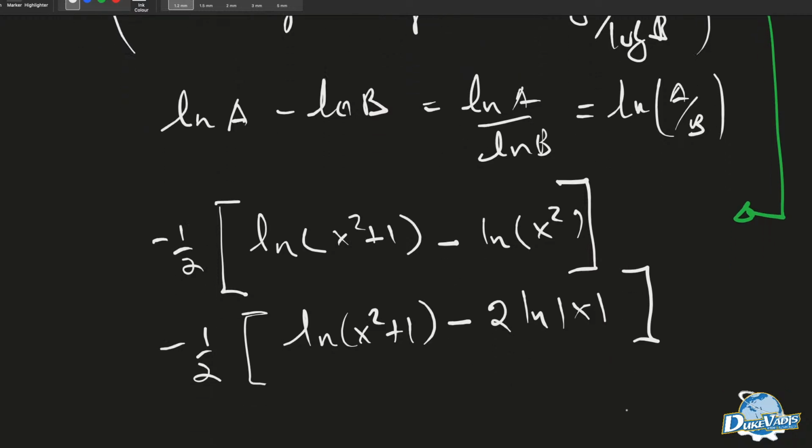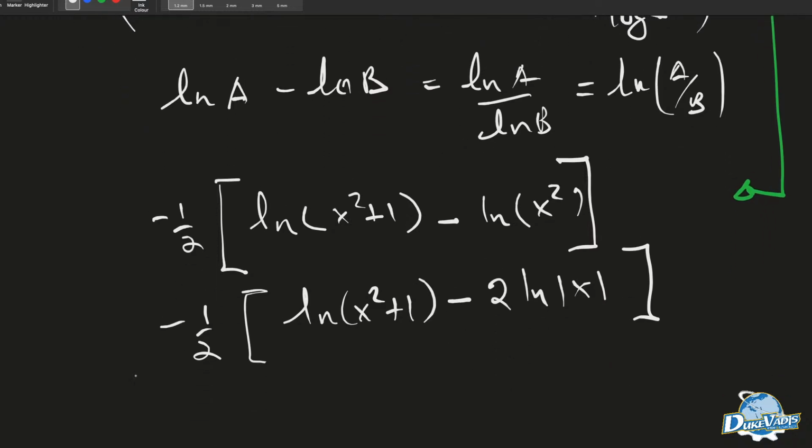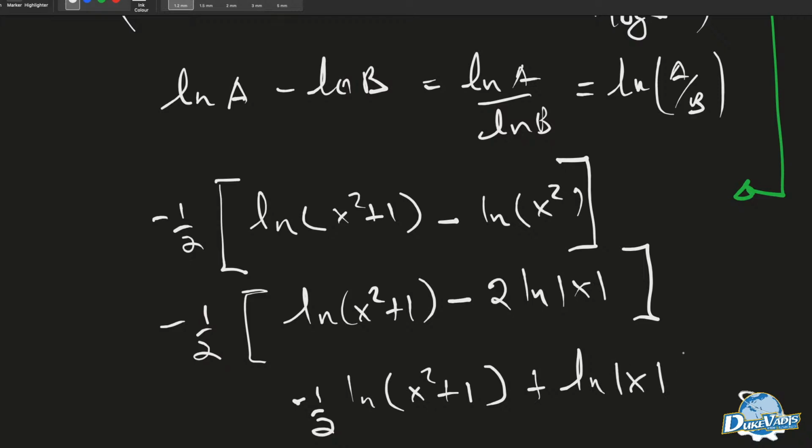When we multiply through by negative half, we get negative half natural log of x squared plus 1, and negative half multiplied by negative 2 gives plus natural log of the absolute value of x.